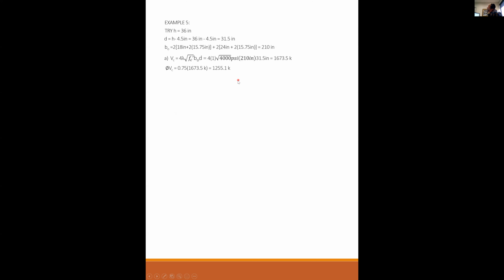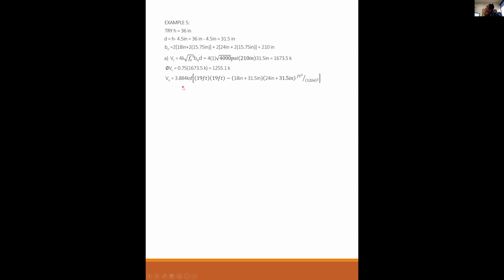I already know that case A is going to control, so I'm not recalculating B or C, just recalculating the one I know that controls. So phi times 1673.5 is 1255.1. And my new, actually, this isn't completely correct because I didn't redo.